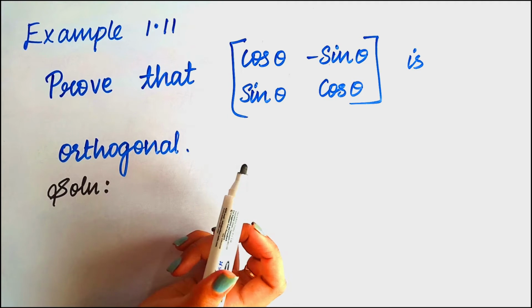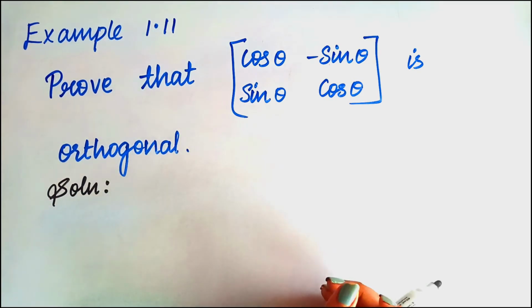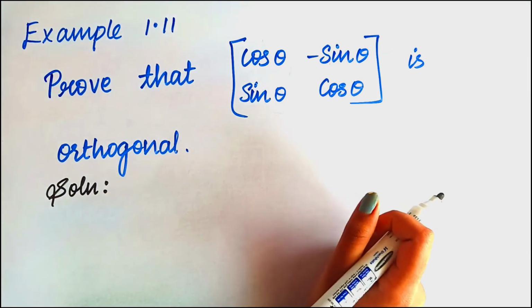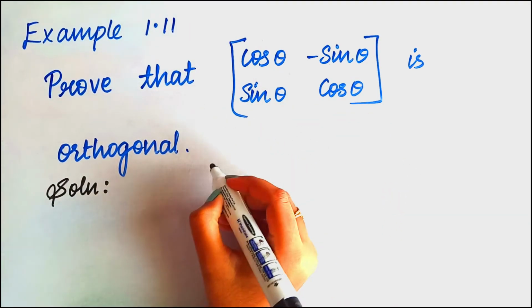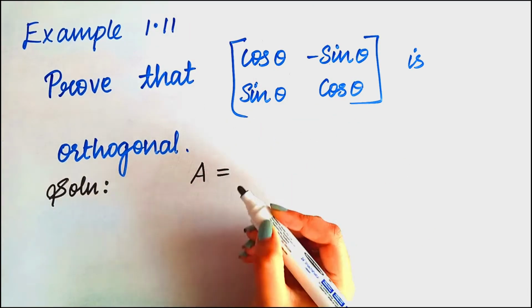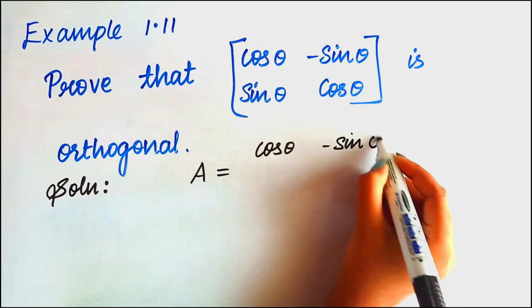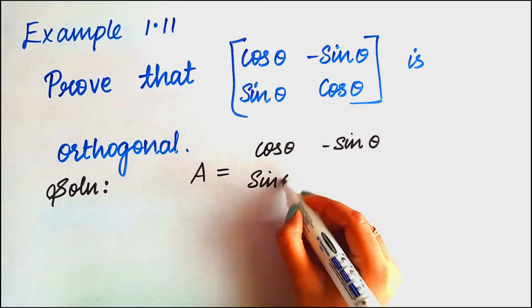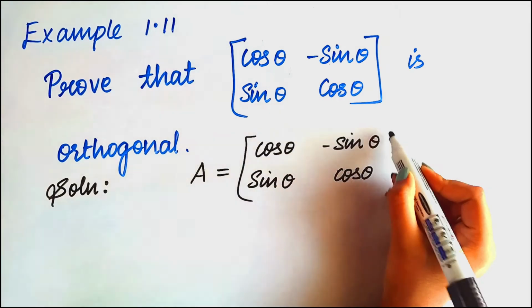A into A transpose is equal to A transpose into A is equal to I. So if the condition is satisfied, then you can say that the particular matrix is an orthogonal matrix, right? The matrix has not been given a name, so let's take that as A. So A is equal to cos theta, minus sin theta and sin theta, cos theta. That's it.